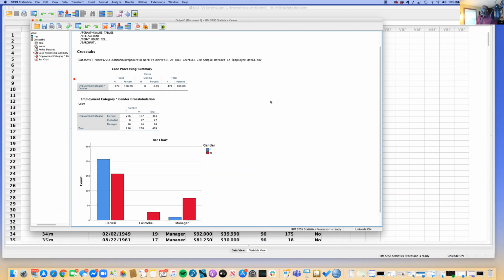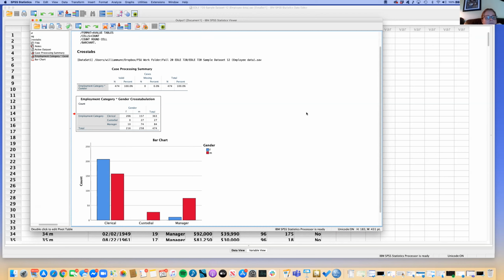All right, anyone jump in here? What do we take from the cross tabulation table? There's 206 clerical, and no custodial, 10 managers, or 206 females. It tells us the female male breakdown and then the total.